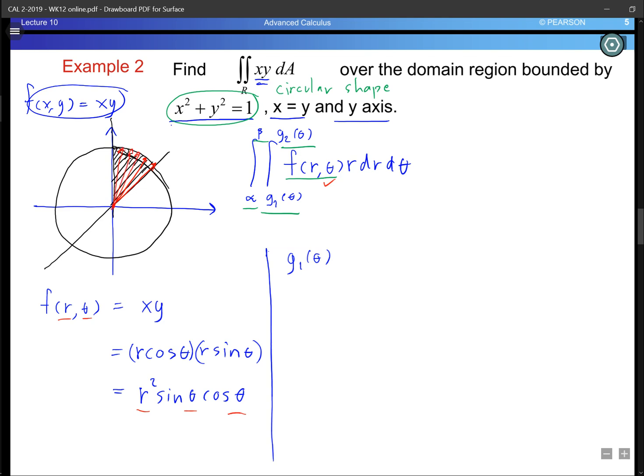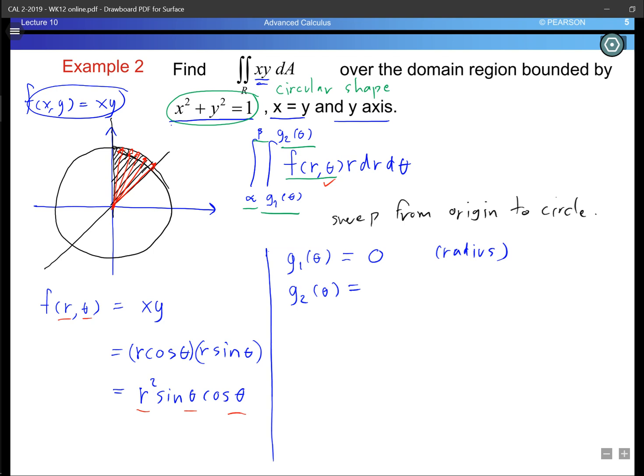So here, from the look of this, we know that we sweep from origin to circle. Let's translate this into function. So origin means that the radius equal to 0. So the inner function is equal to 0 in terms of radius. Okay, and outer function, alright, this is the circle.